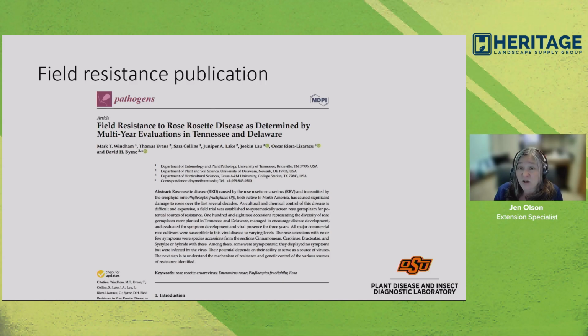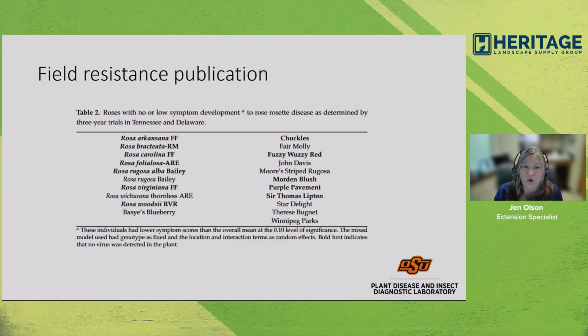You can always look up that publication yourself, but I'm going to show you just one of the tables, where they list roses with low or no symptom development. If you work in an area that has a lot of rose rosette, it might be worth trying some of these cultivars in those locations.